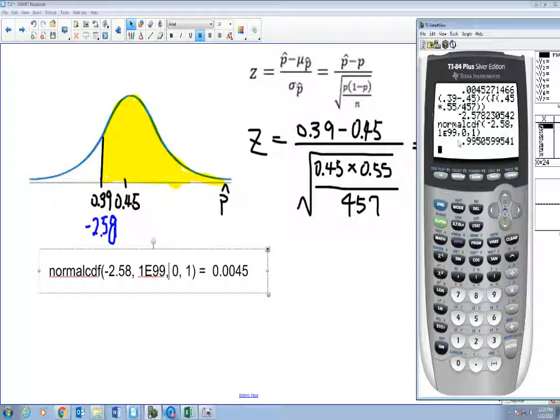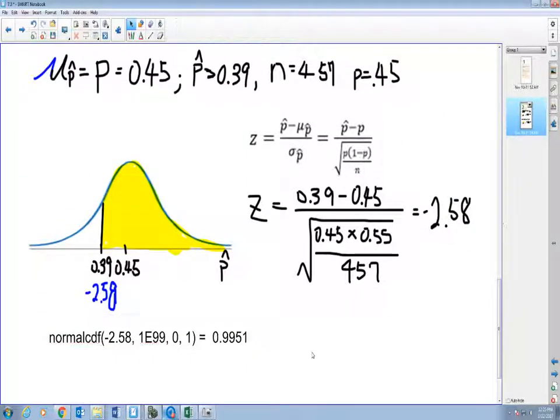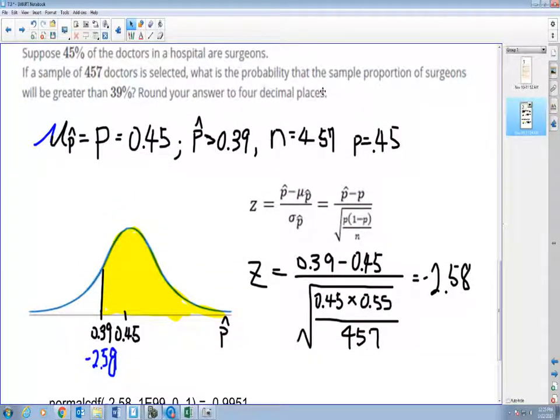Alright, 0.9951. Okay, so what the answer is saying is there is a 99.51% chance that the proportion of surgeons in the one I sampled will be greater than 39%.